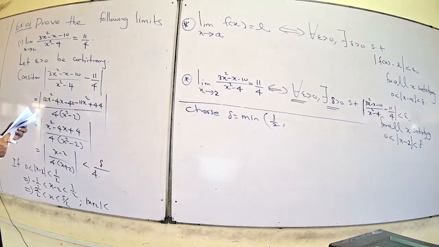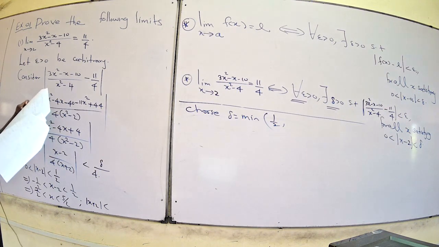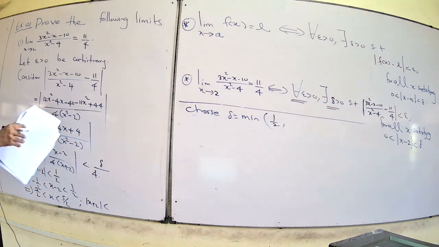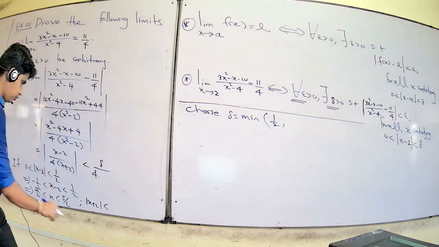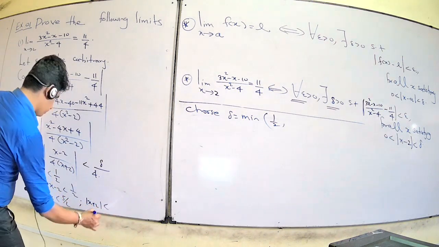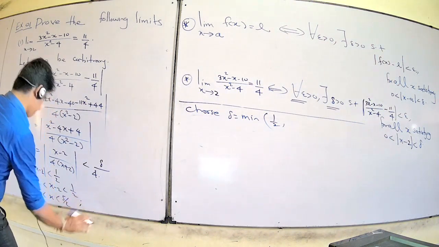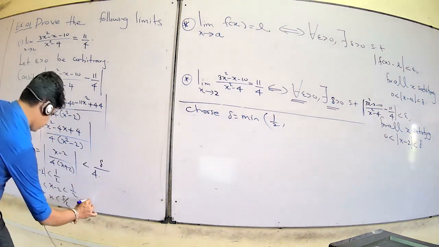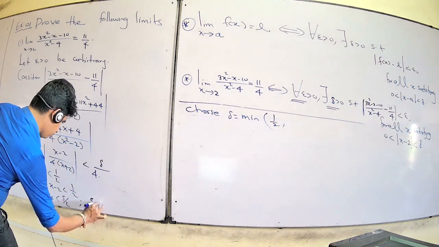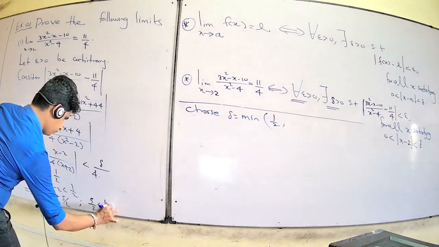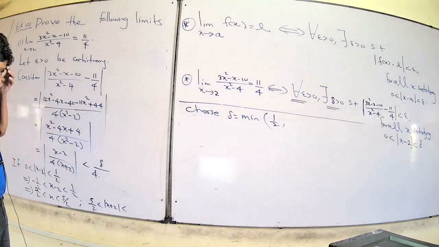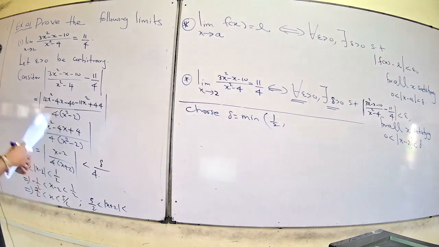Therefore, what is the modulus of x plus 2? You can add 2 here, then you will have 5 by 2 less than the modulus of x plus 2 less than 9 by 2, okay? Because all are positive.